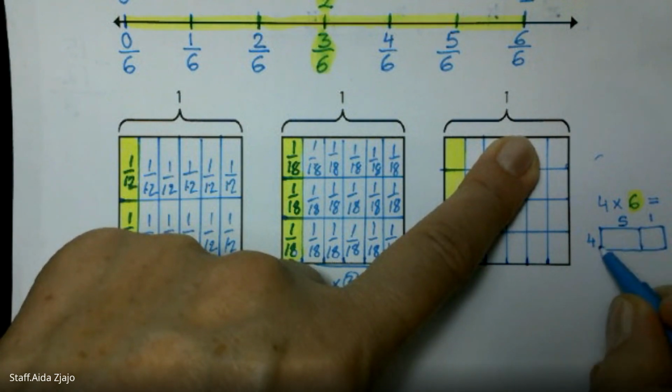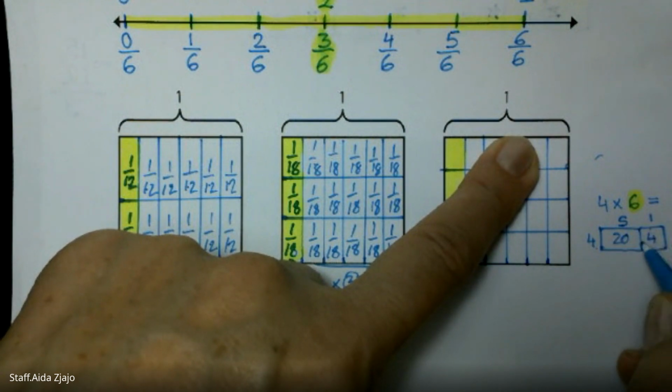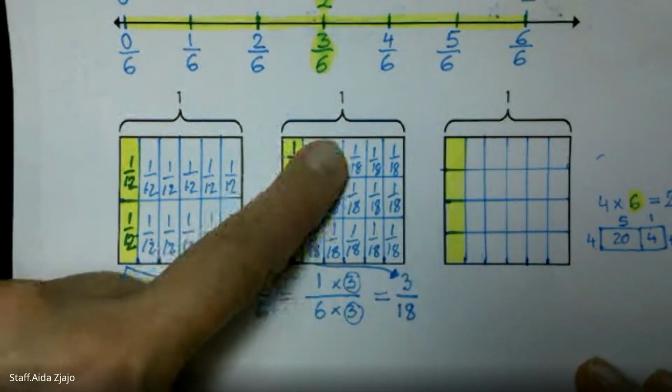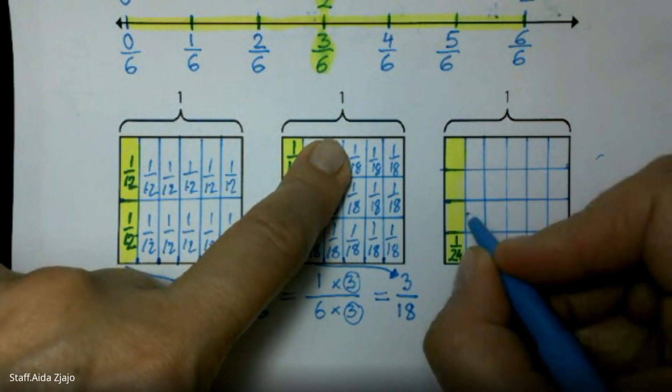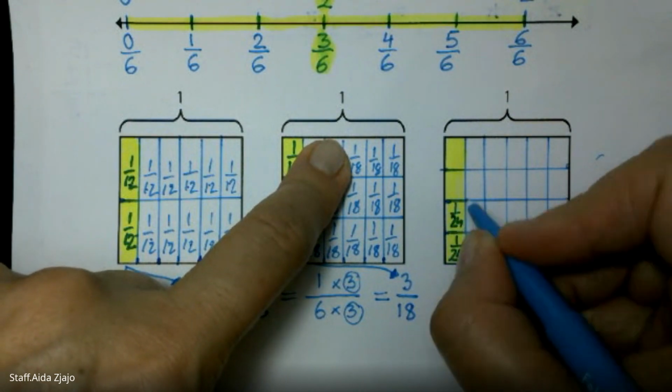I will have 4 times 5 is 20, and 4 times 1 is 4. Together, 20 plus 4 makes 24, so 4 times 6 is 24. So we know that this is 1 out of 24 pieces.